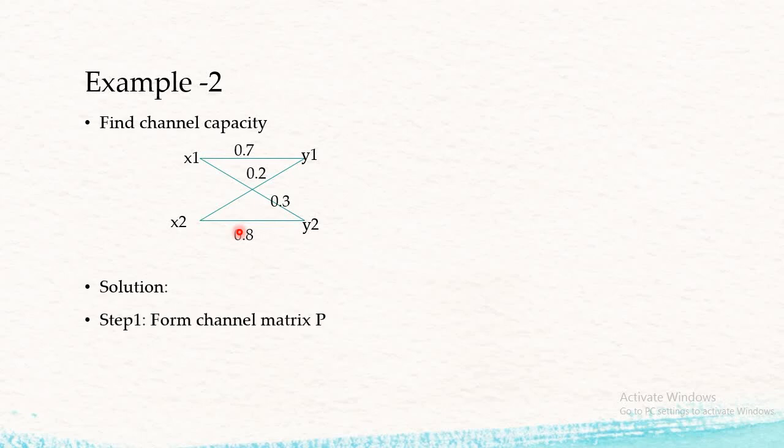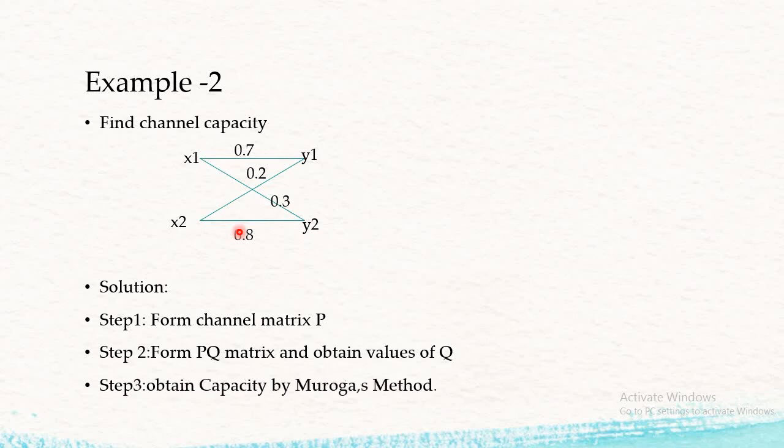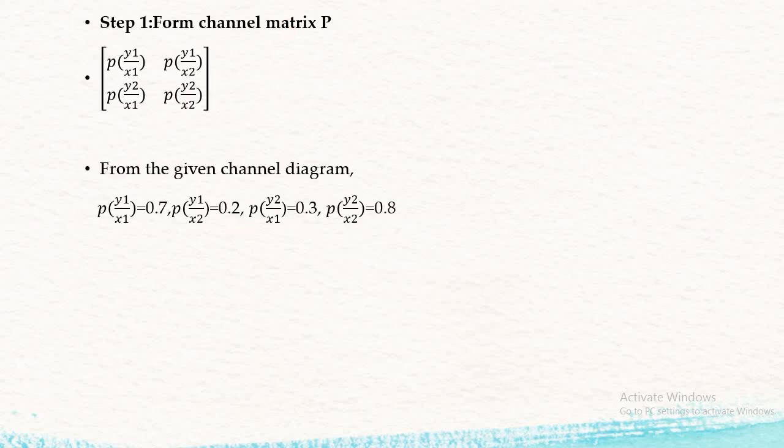The solution: first, find the channel matrix P. Second step, form the PQ matrix and obtain the values of Q. Third, obtain the channel capacity by Muroga's method. So let's begin. From the given matrix, we form the channel matrix P as P(y1/x1), P(y2/x1), P(y1/x2), P(y2/x2).